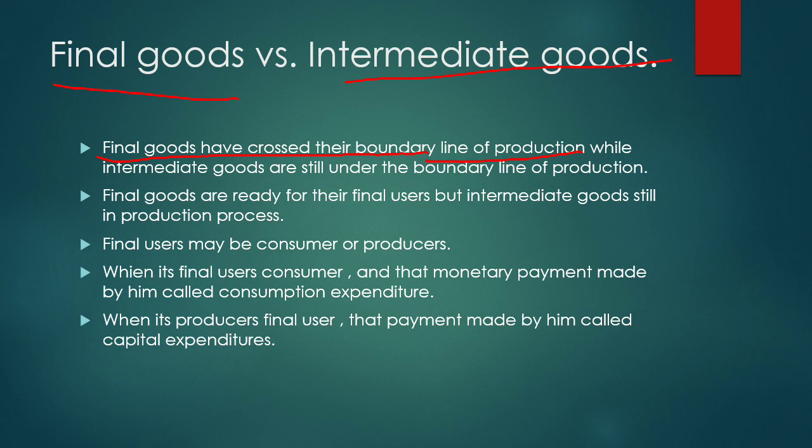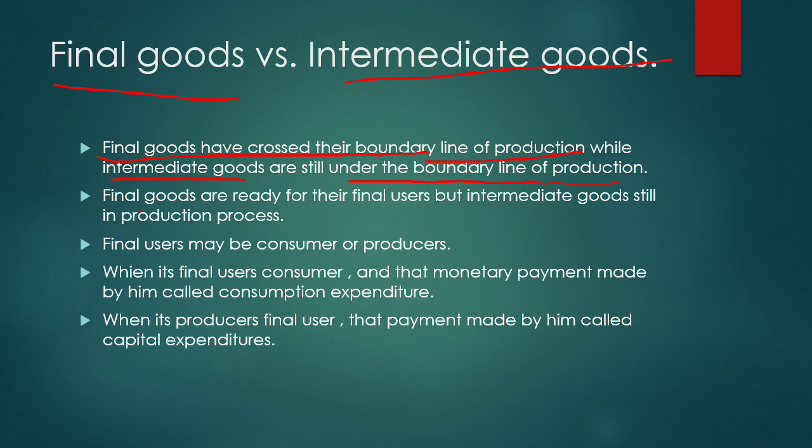Intermediate goods are still under the boundary line of production. They are yet to improve their value, yet to complete their production activity. We have to add value, and they cannot yet be used by the final user, whether consumer or producer.